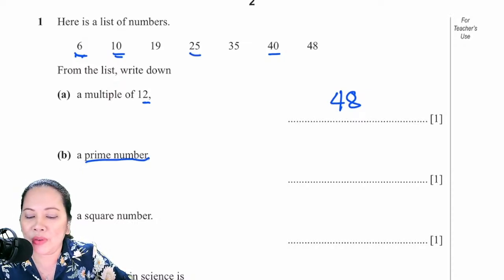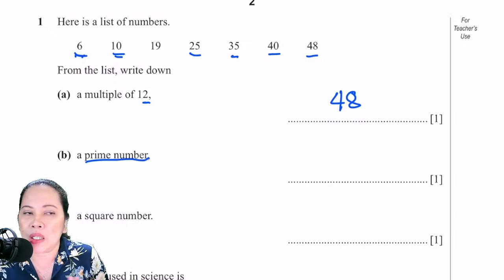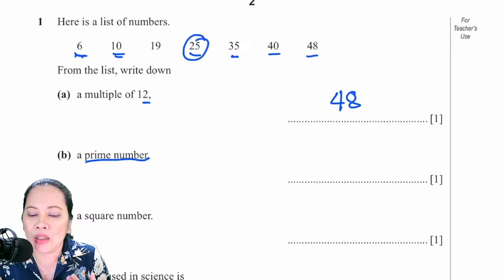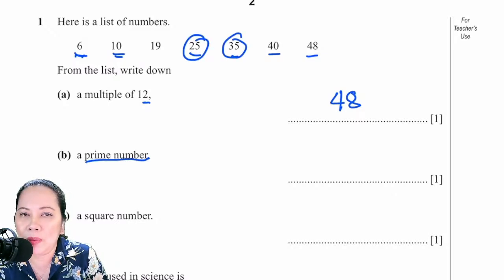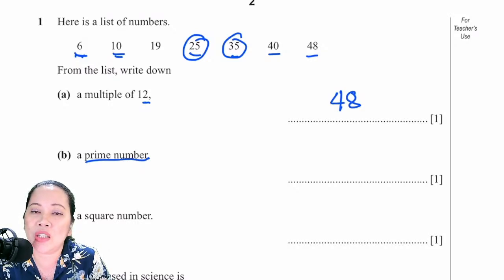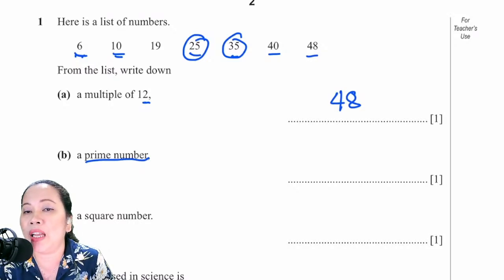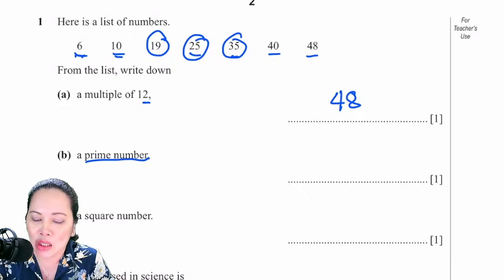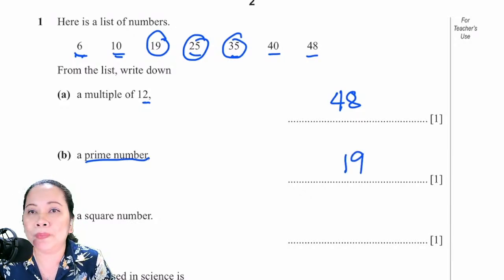Then 25, of course, is divisible by 5. And the even numbers are not prime, because primes are just numbers divisible by itself and 1. Therefore, we are left with 19. So the prime number here is 19.